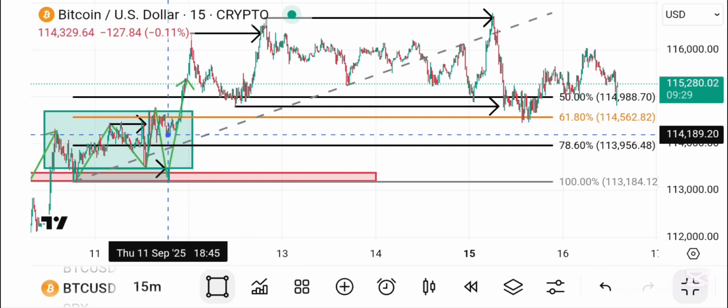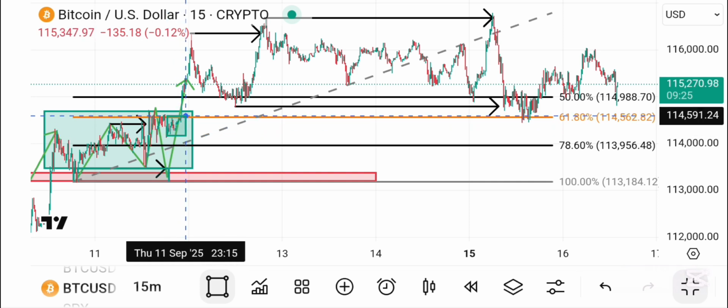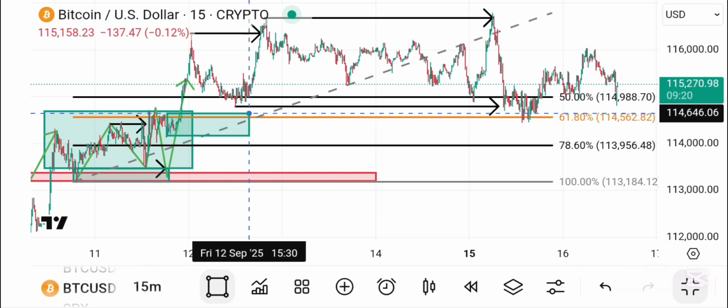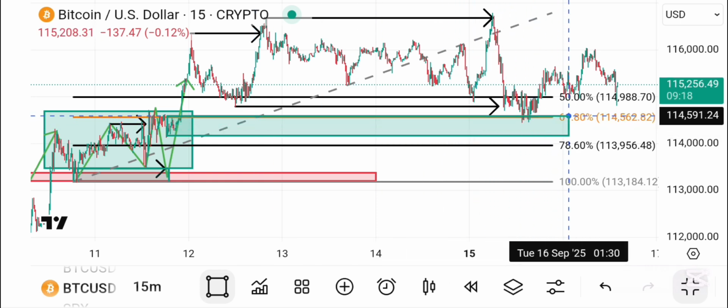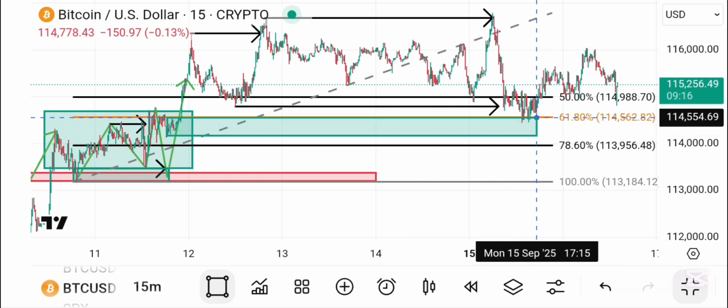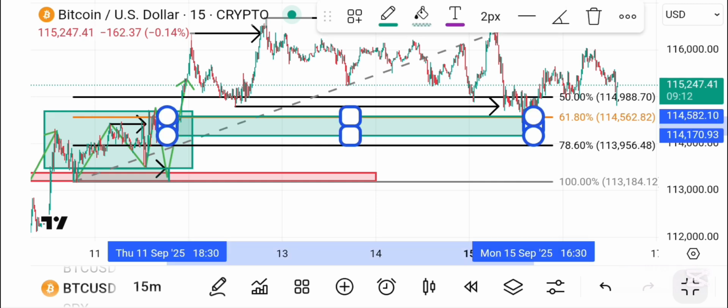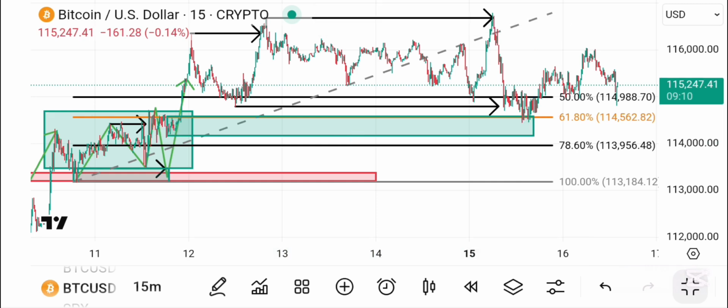Going to the left, you can draw the little triangle just like this. This is where the demand zone is found, and you can extend it to the right hand side so that you can know when this zone is being mitigated or when the move is about to repeat itself.